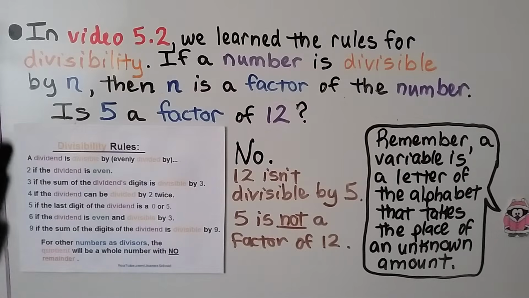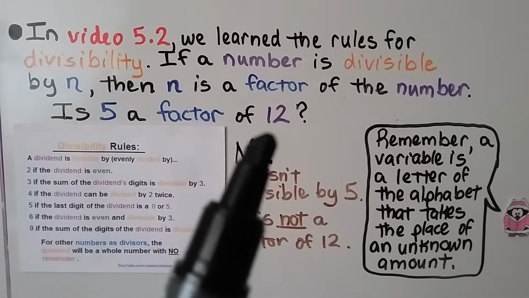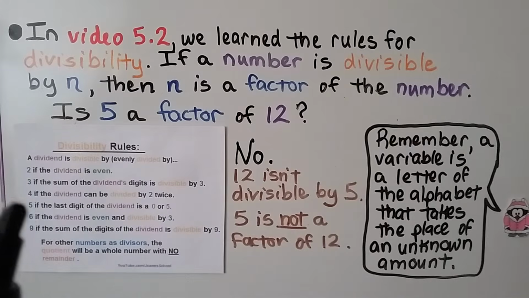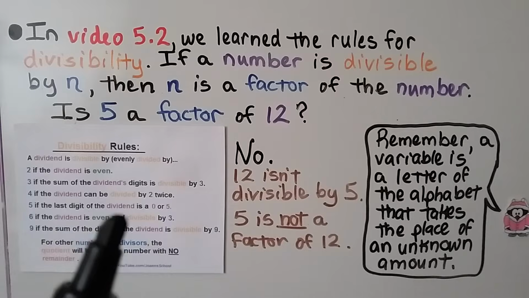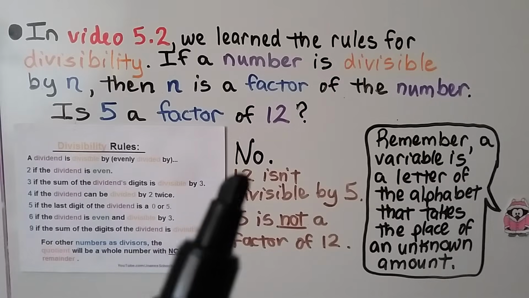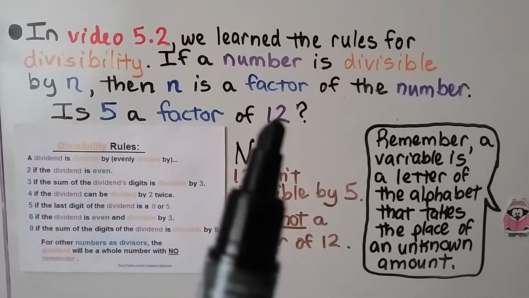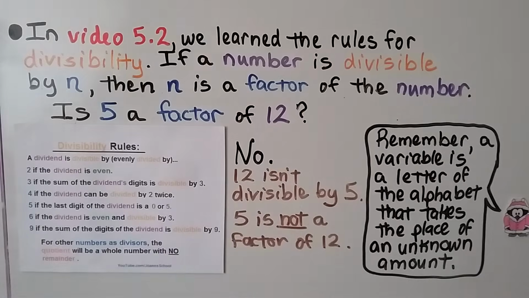Looking at the divisibility rules, is 5 a factor of 12? A number will be divisible by 5 if the last digit of the dividend is a 0 or 5. So no, 12 isn't divisible by 5 because 5 is not a factor of 12, and 12 doesn't end with a 0 or a 5.